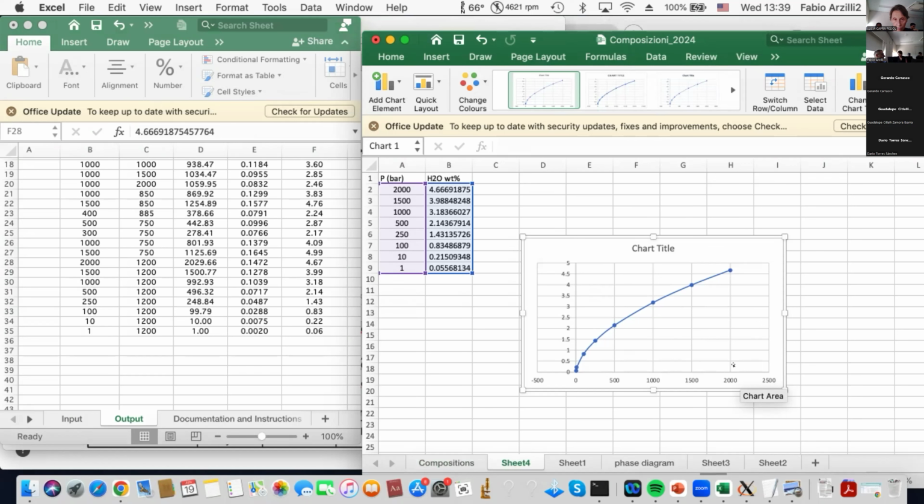Maybe we can repeat. Tomorrow we do a brief introduction to experimental petrology. I have two options, so I have 2 lessons left. One is experimental petrology using ex situ, the classical approach, I would say, with furnaces where you have to quench and then look at the sample with the microprobe and so on.